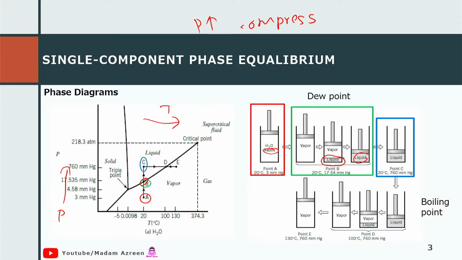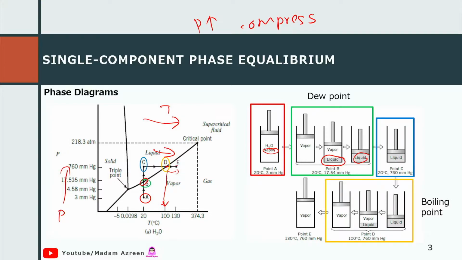When we increase the temperature from point C to point B, the water will start to boil. When we increase the temperature further, all the liquid water will become a vapor. As you can see here, 100 degrees C is the normal boiling point of water.